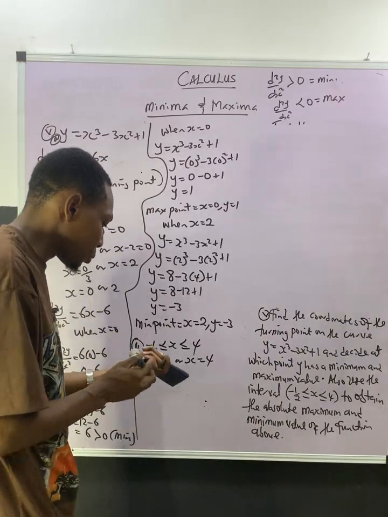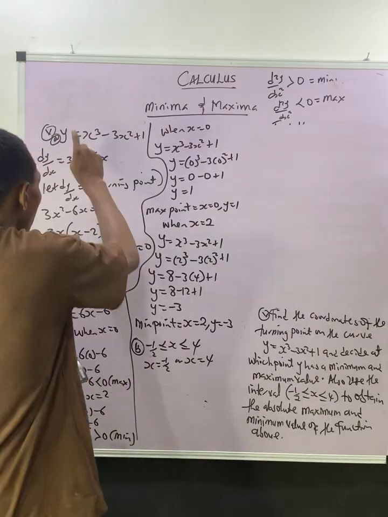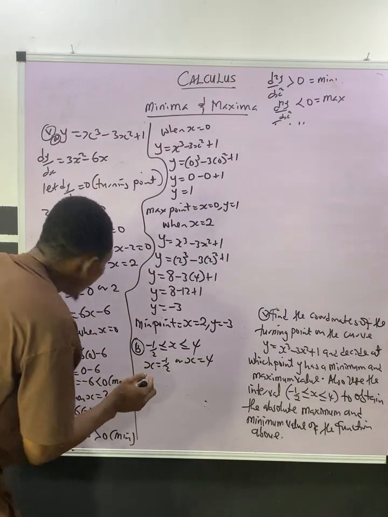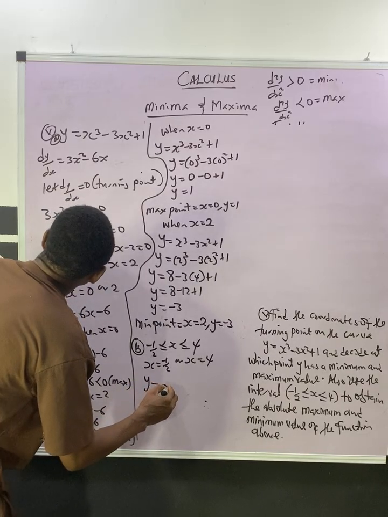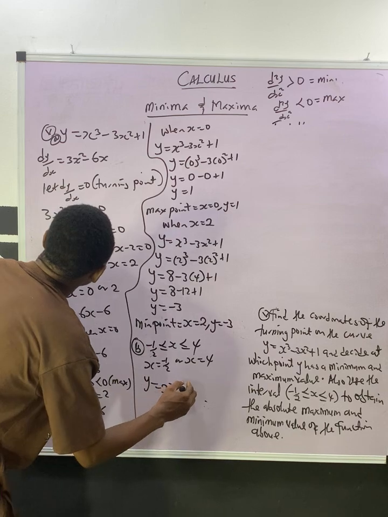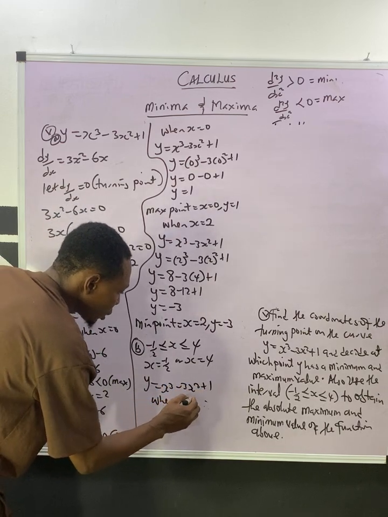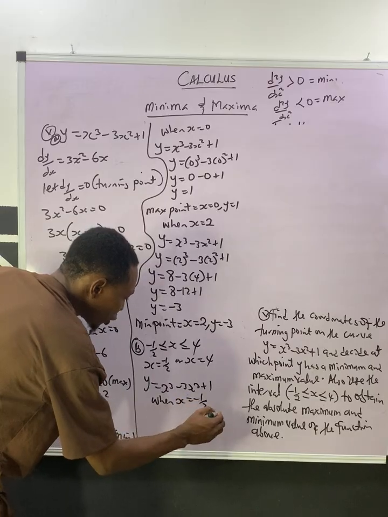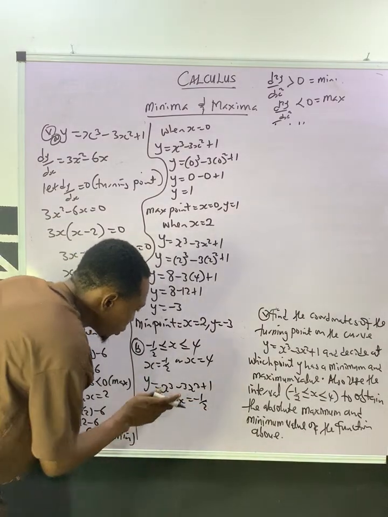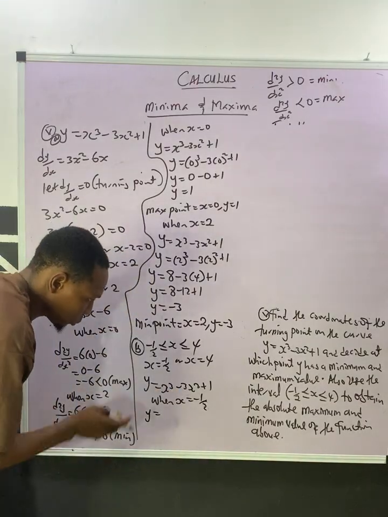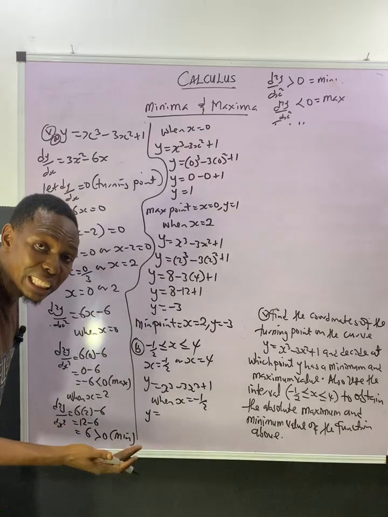Now if you put this into our y, remember we'll be having y is equals to s cube, then minus 3s squared plus 1. So when s was equals to minus 1 over 2, y equals to, from here, remember minus 1 over 2 is less than 0.